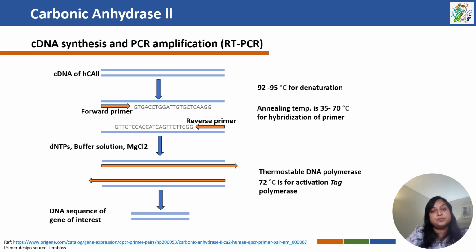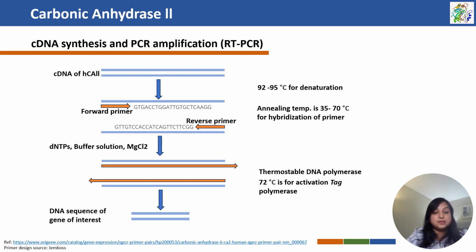Secondly, I performed real-time PCR amplification of the complementary DNA product using gene-specific forward and reverse primers, which I designed from Jembos. I also used heat-stable Taq polymerase, suitable buffer, and magnesium chloride.